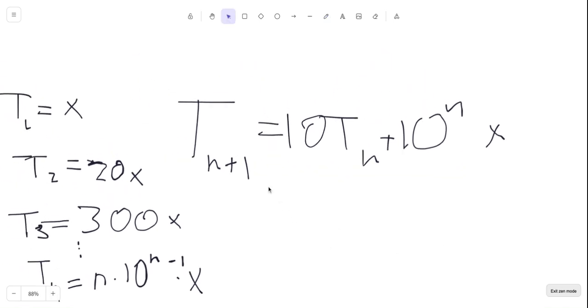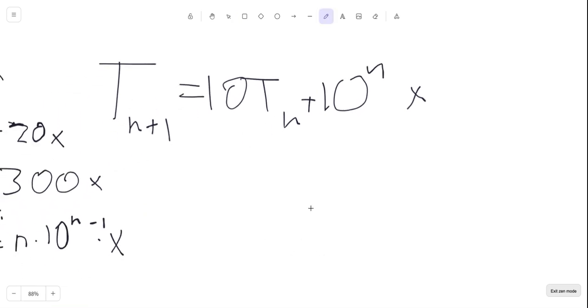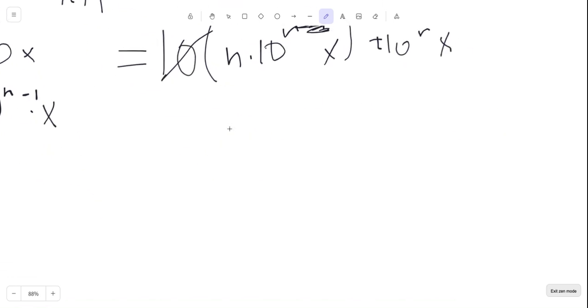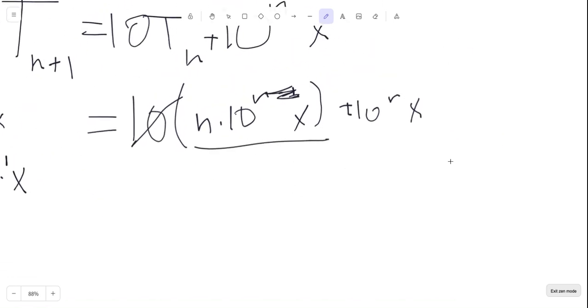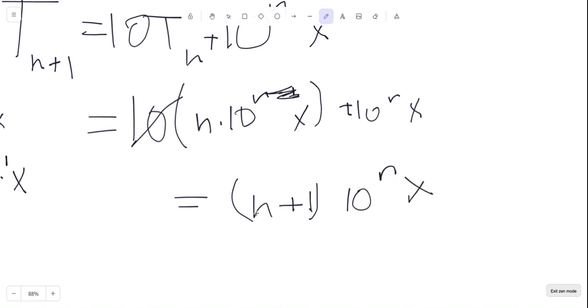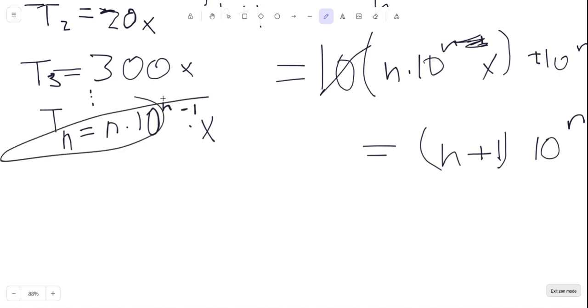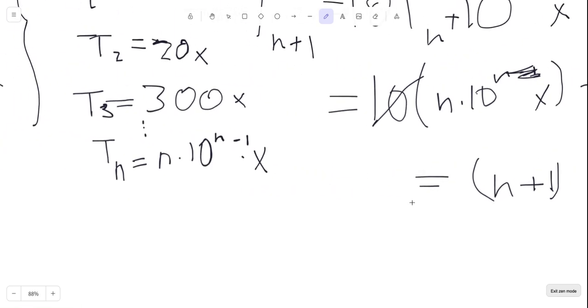So if we're given that, and we plug in our assumed explicit formulas, we get 10 times 10 to the n minus 1 times x plus 10 to the n x. And this 10 adds to the exponent, it becomes n. Since we have n times 10 to the n x and 10 to the n x, this becomes n plus 1 times 10 to the n x. And we've just proved inductively that this formula holds.